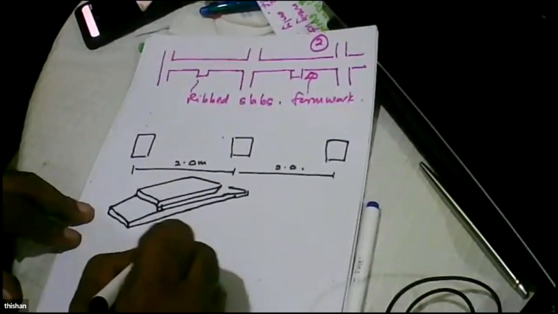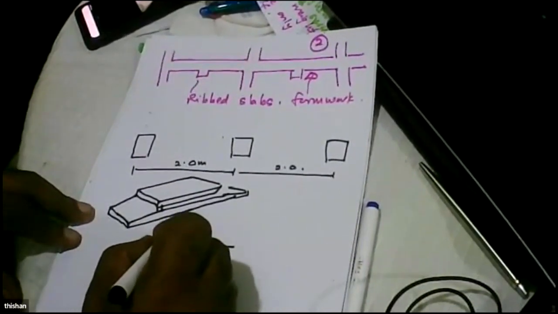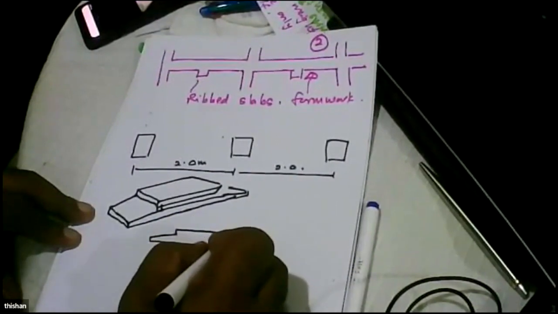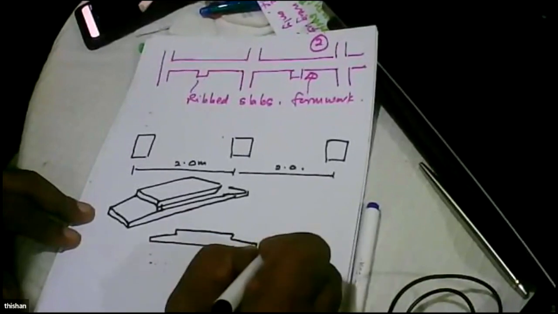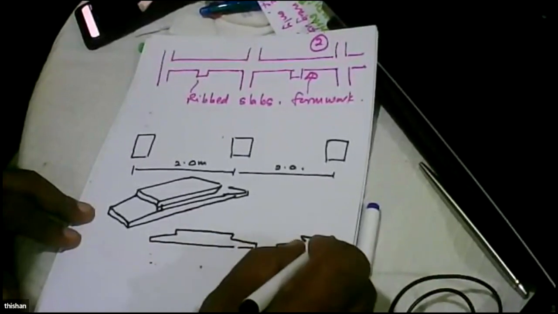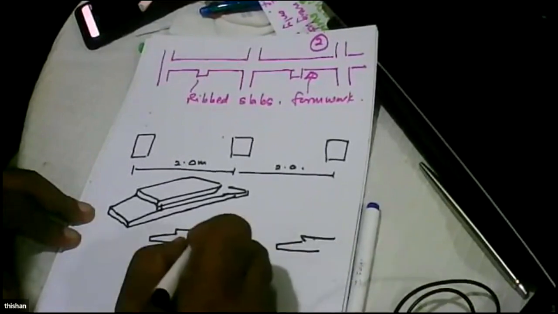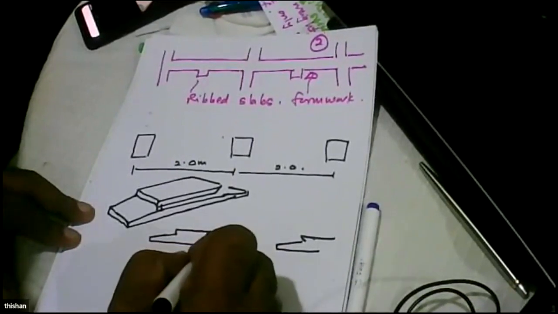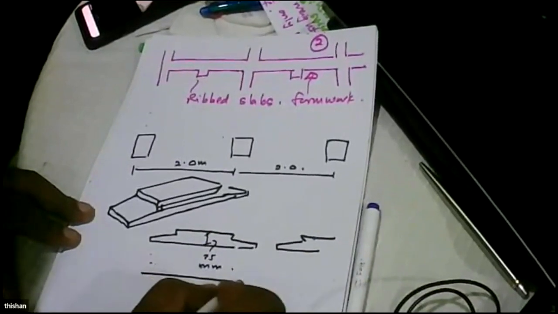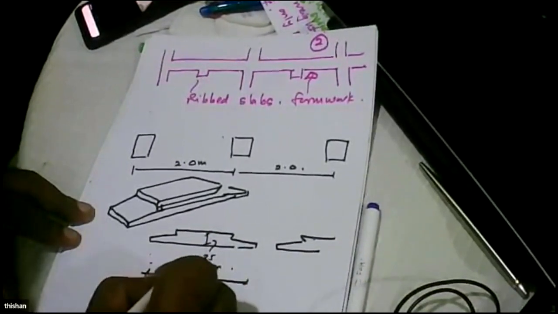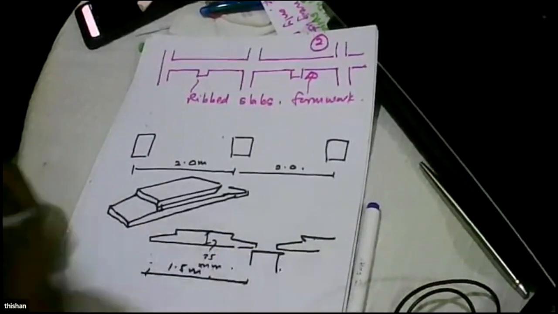So the whole idea is we have a slab like that. The thickness is 75 millimeters here, spanning 1.5 meters, supported on a beam.